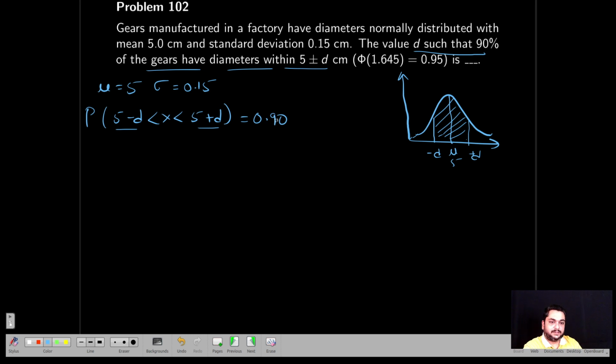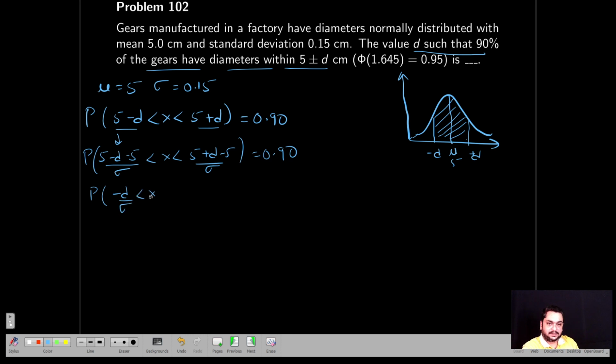When you solve this 0.90, let's solve. First convert it into Z value. So this Z will be (pi minus D minus pi) divided by sigma less than X less than (pi plus D minus pi) by sigma, equal to 0.90. So P of minus D by sigma less than Z less than D by sigma is equal to 0.90.